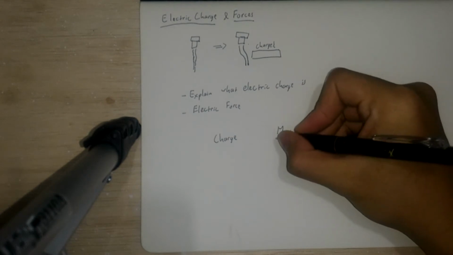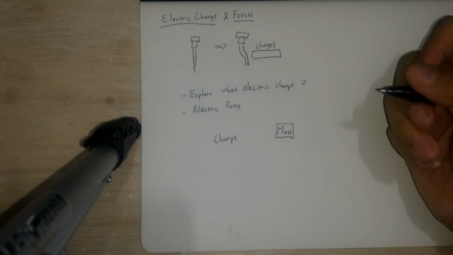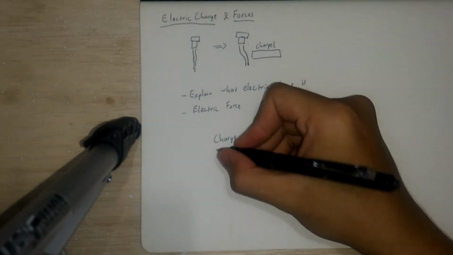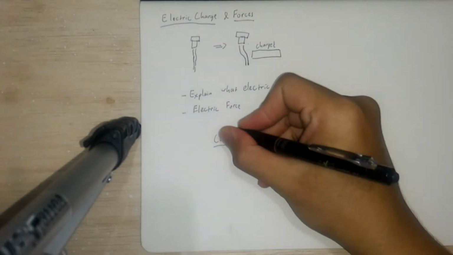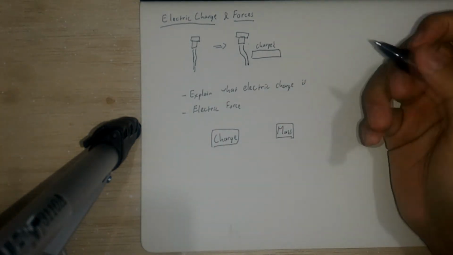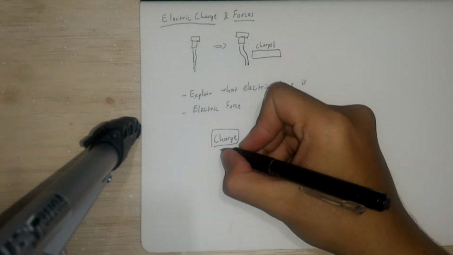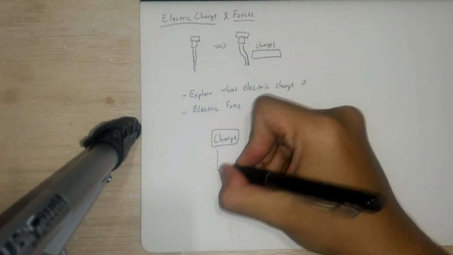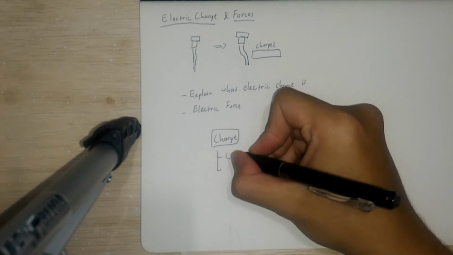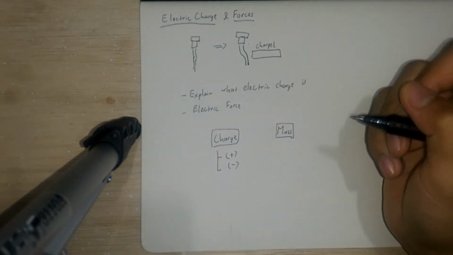Every object has mass, and so every object also has charge. And actually there are two kinds of charges. The first one is the positive one, and the second one is the negative one.